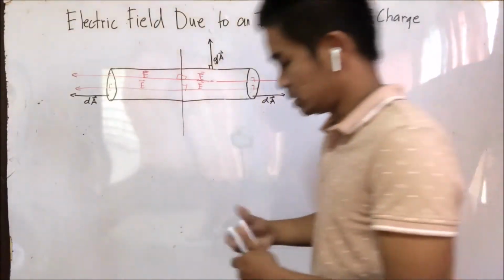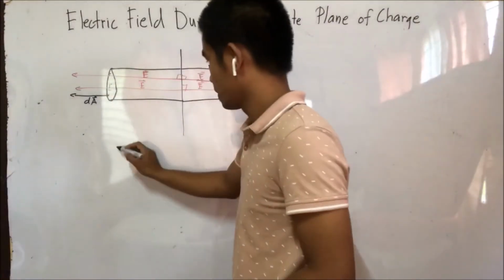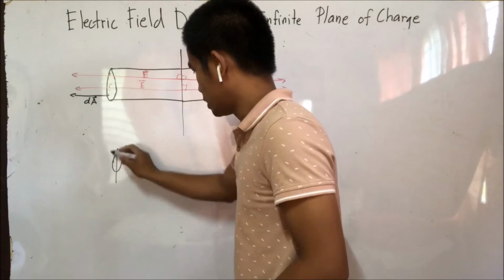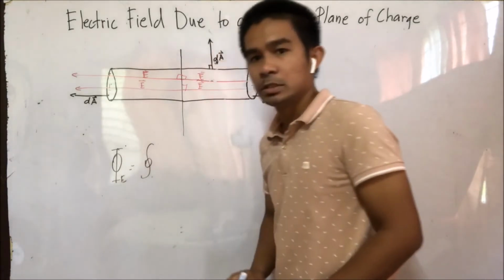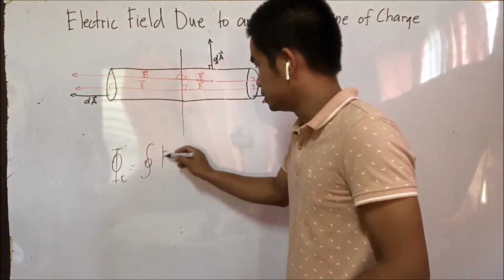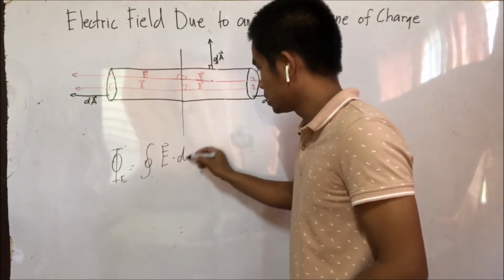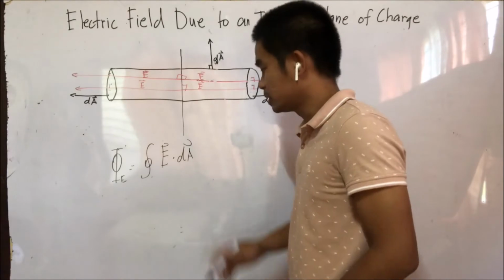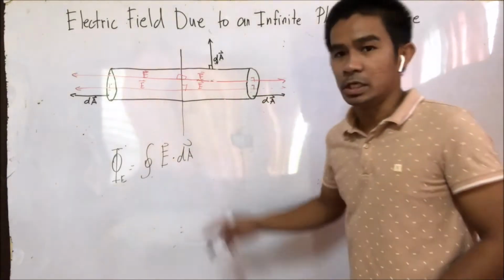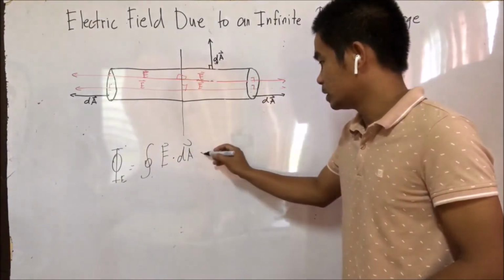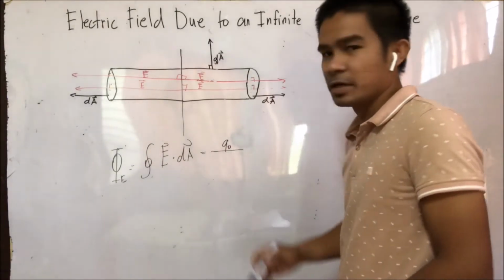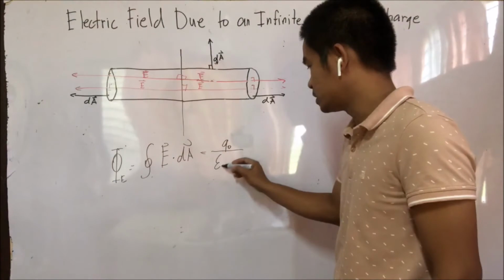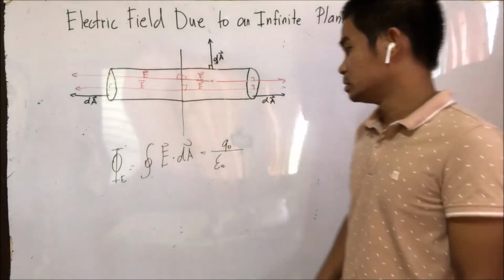So from Gauss's law, the total flux, which is equal to the closed integral of the electric field dot the area vector, is equal to the net charge Q over the permittivity of free space. This is Gauss's law. Right.